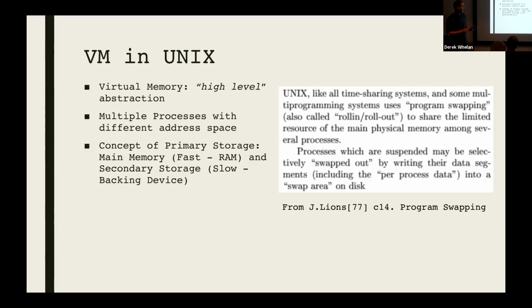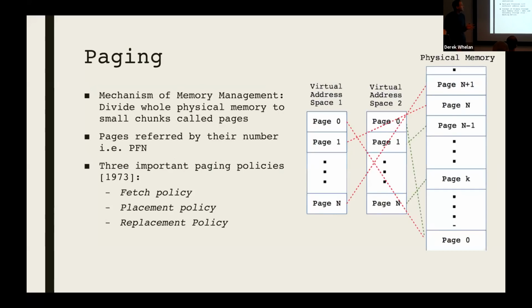So virtual memory is a kind of high-level abstraction, and we still use similar concepts. Some things change, but we still have the central processing unit, which is connected to the fast RAM, and also a storage device, which is considered a really slow device. And the foundation is the same. We are not able to fit the whole data that we need in RAM. We need to move data back and forth. But the way this was done changed over the years.